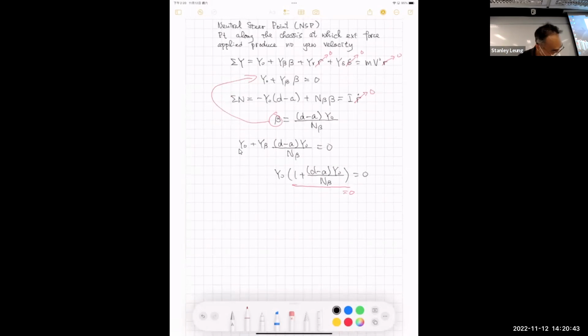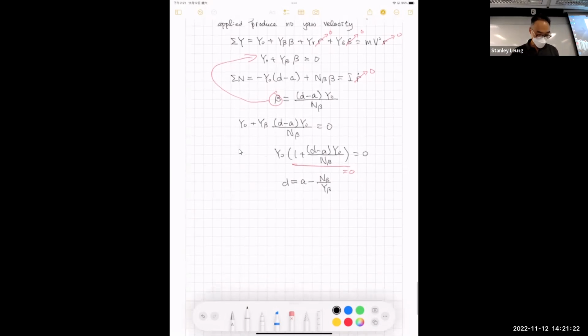Okay, so by rearrangement D is equals to A minus N beta over Y beta. So this neutral steering point length D actually related to our moment and the force by the slip angle, which is like this.